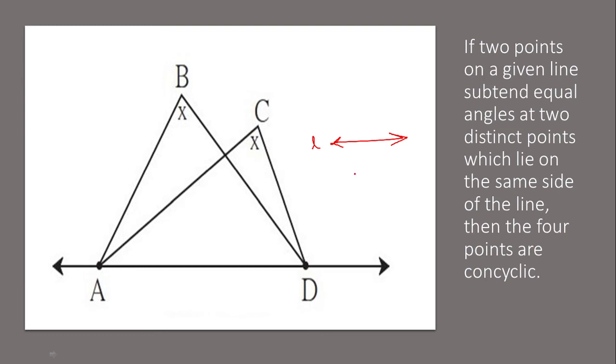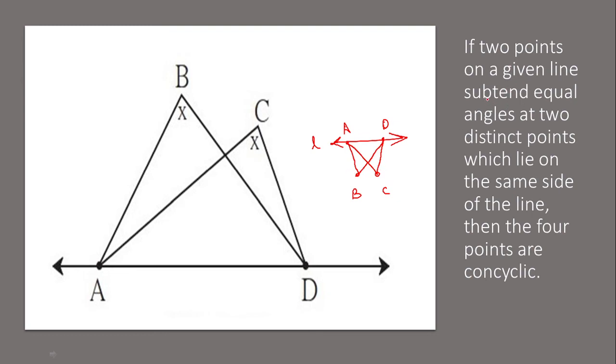Here already one is above, so I will take 2 points below. Now you have 2 points A and D and you have taken 2 points below. Suppose you join these points, forming angle ABD and angle DCA. These two angles are formed.